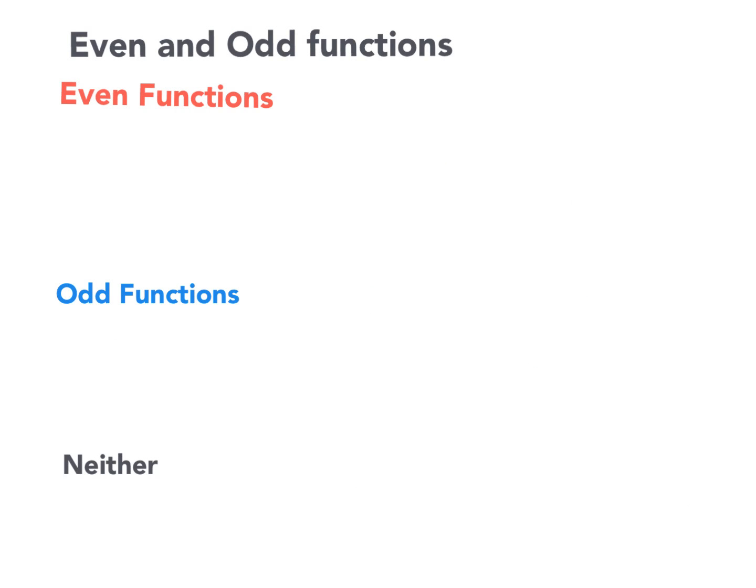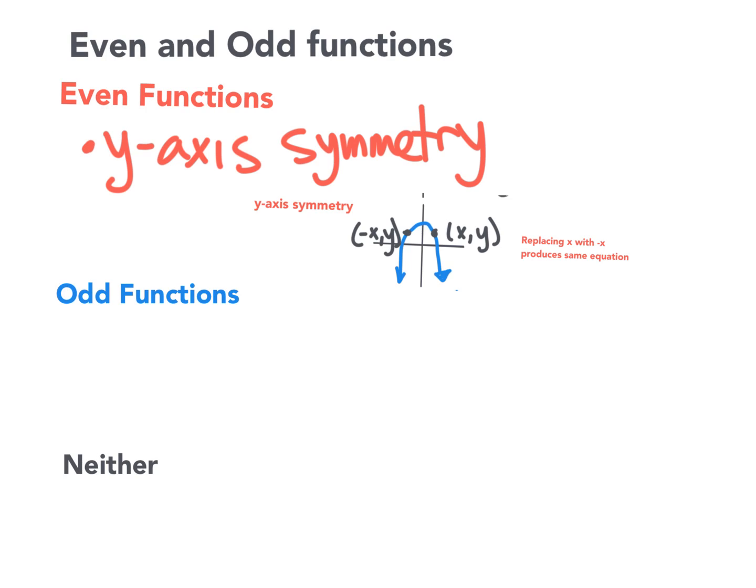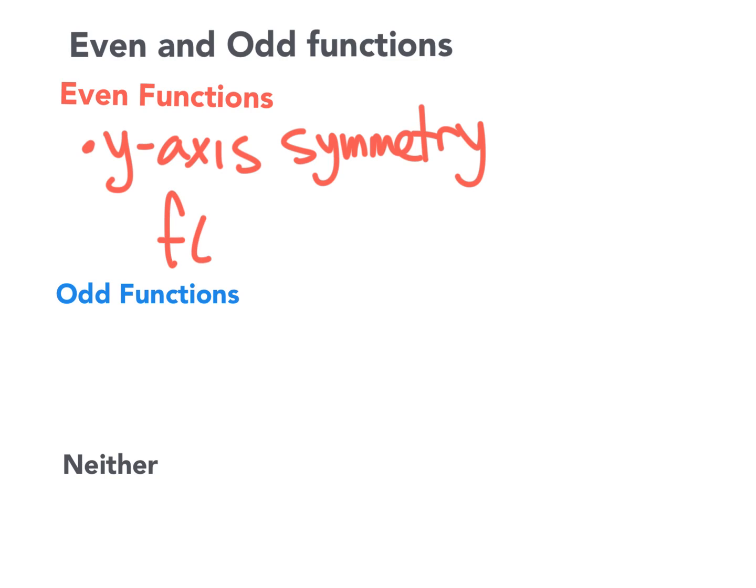All right, something that we're going to focus on even more than the symmetry is even and odd functions. First, even functions. Even functions have y-axis symmetry. Do you remember from the other page with y-axis symmetry, if you replace x with negative x, you get the same equation? Well, the fancy way of saying that is for every x in the domain of f, f of negative x gives me f of x. So if you replace all of your x's in the equation with a negative x, you'll get back f of x.